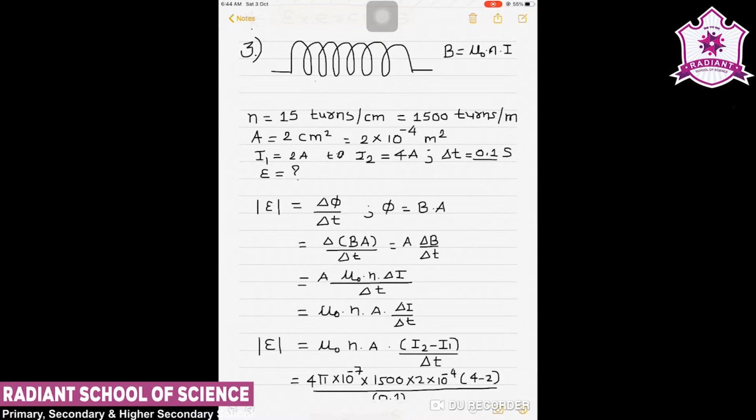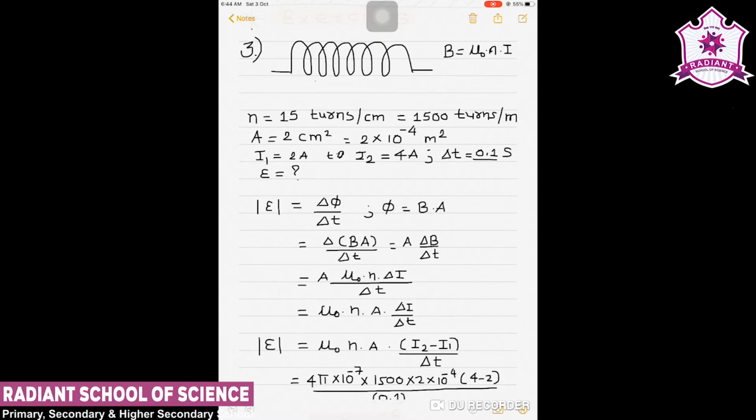If the current carried by the solenoid changes steadily from 2 ampere to 4 ampere in 0.1 second, then what is the induced voltage in the loop while the current is changing?